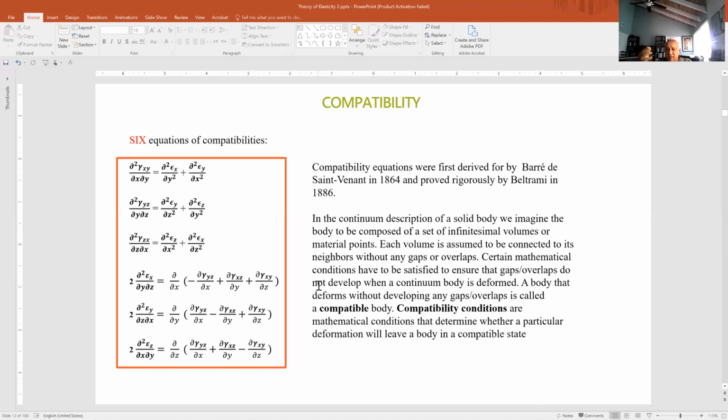These 6 equations mentioned here are not satisfied. That's why all the solutions we have in simple mechanics of materials are only valid approximately. Sometimes the approximation is good enough, sometimes it's not. And as we go through the theory of elasticity, we can see the benefits of formulation based on elasticity as compared to those basic theories in mechanics of materials.